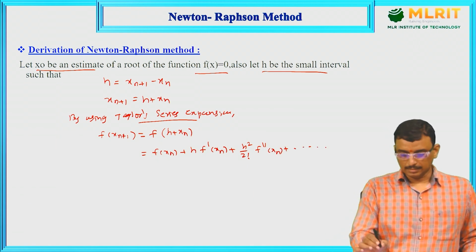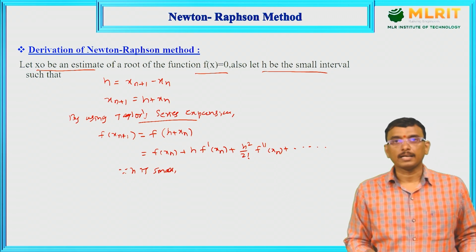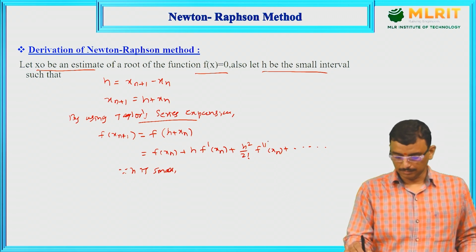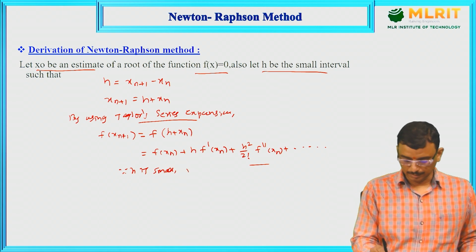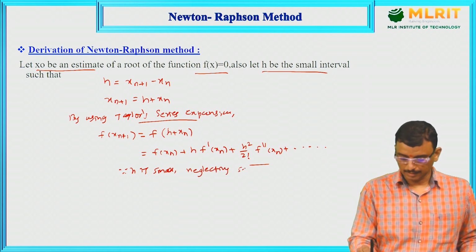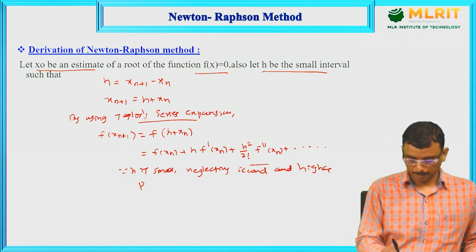Since h is a small interval, since h is small, we neglect second and higher powers of h.